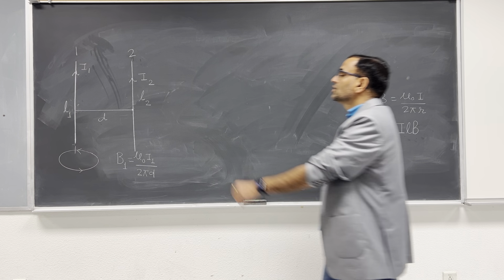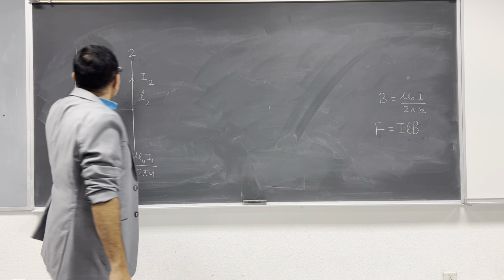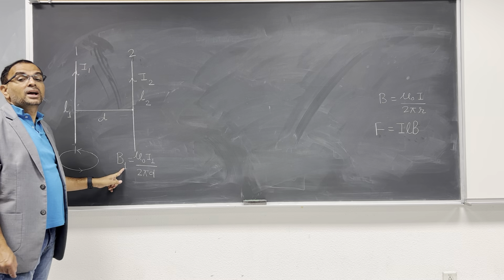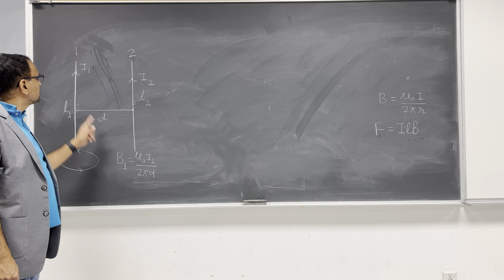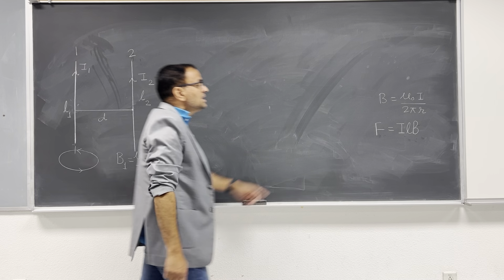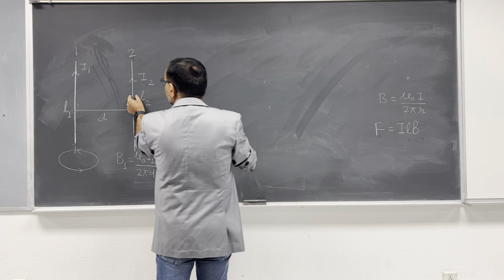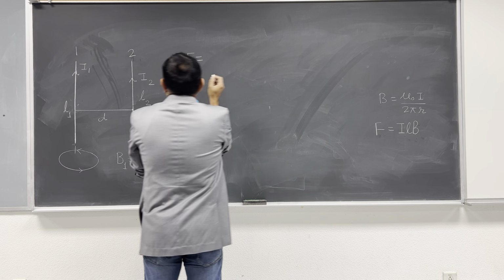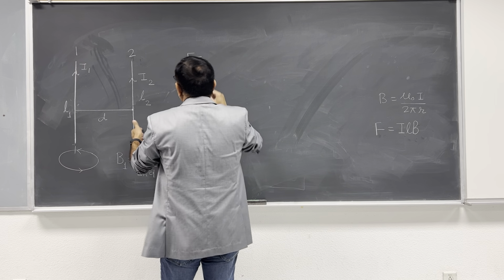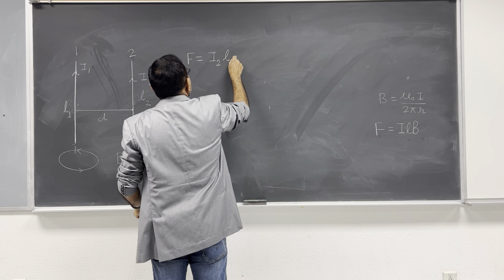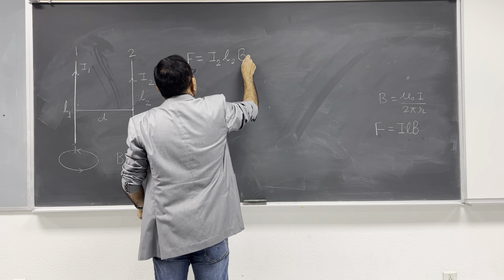And here you keep conductor number 2 inside the magnetic field B1, and this magnetic field B1 is created by I1. So if you use this formula, the force experienced by this conductor is F equal to, the current in this conductor is I2, L2, B1.